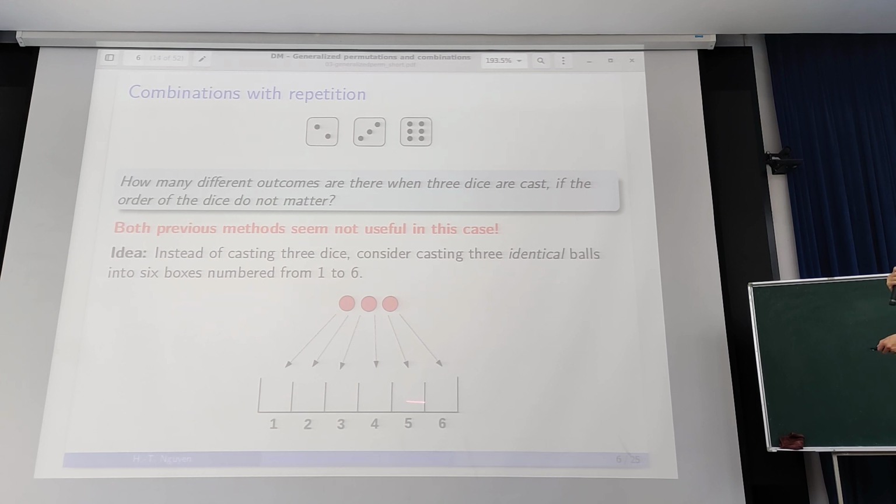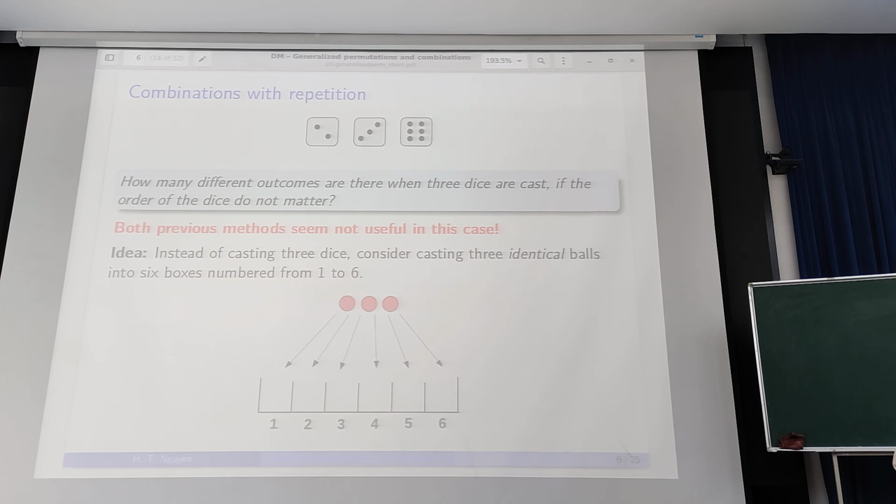Here we have 6 boxes arranged in a row next to each other, like this one, and we give the labels from 1 to 6 to the boxes. And we will throw a ball into one of the boxes. So instead of throwing a die, we throw a ball into the boxes, and we have the same 6 possible outcomes, either 1 or 2 or 3 or 4 or 5 or 6.